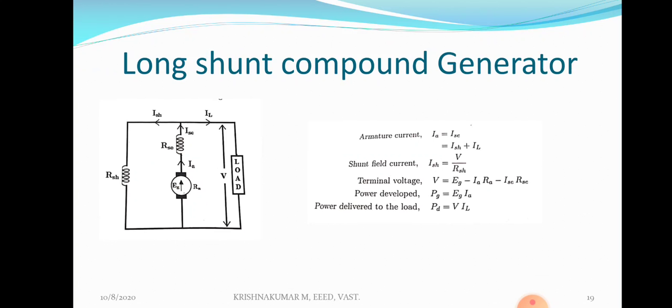If flux produced by series field winding opposes the flux produced by shunt field winding, definitely resultant flux will decrease, generated EMF will decrease. Such a generator is known as a differentially compound generator. Thus long shunt compound generator is again classified into two: cumulative compound and differential compound. There is no such classification in the case of short shunt compound generators. Short shunt compound generators are rarely used.